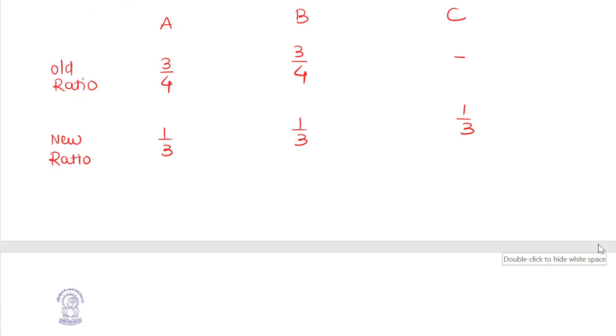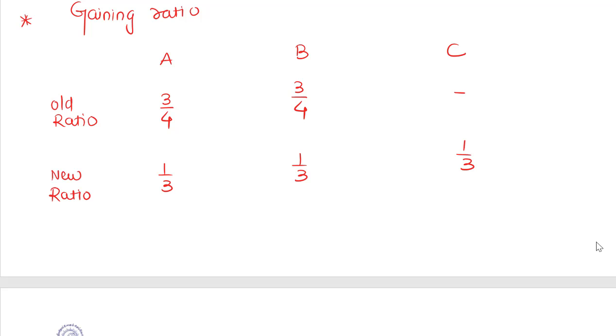So it is C's gain. In the case of A, it is 3 by 4 minus 1 by 3. In case of B, it is 1 by 4 minus 1 by 3. In case of C, it is 1 by 3, and it is a gain.